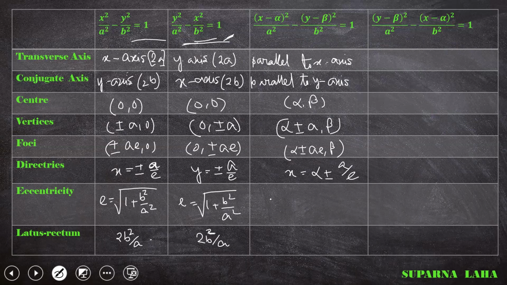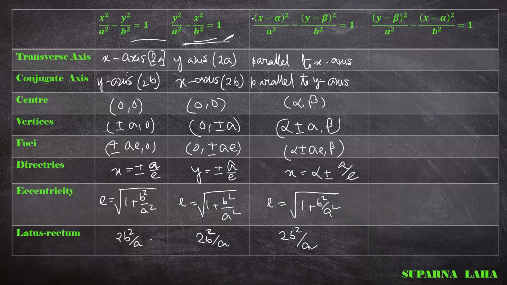Value of e is the same, that is under root 1 plus b square upon a square. Length of the latus rectum is 2b square by a.